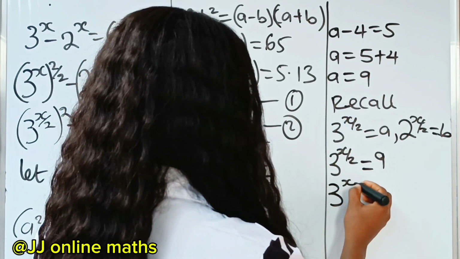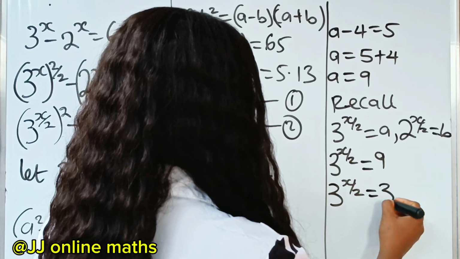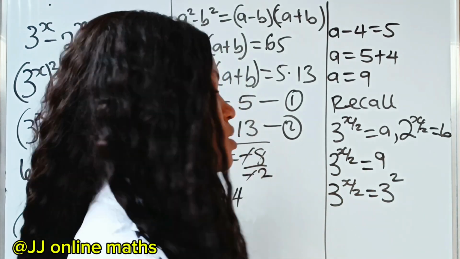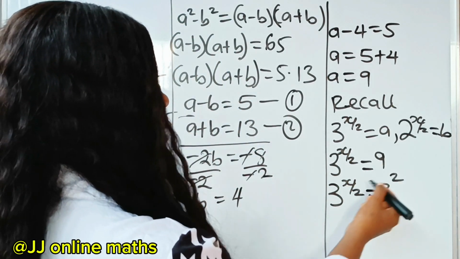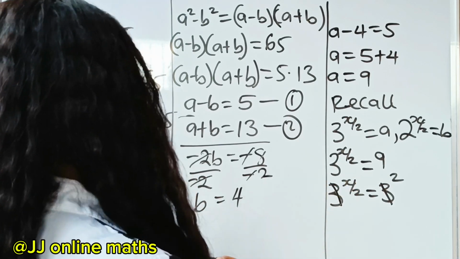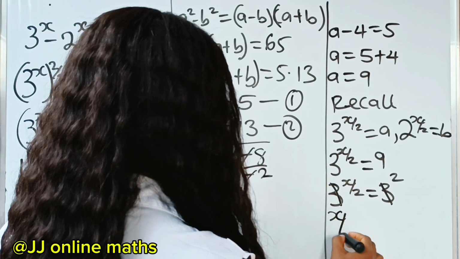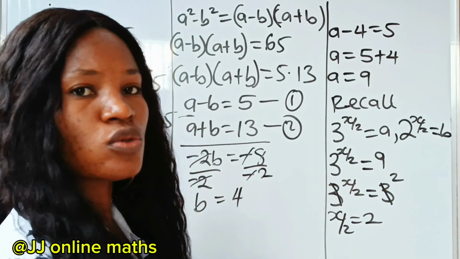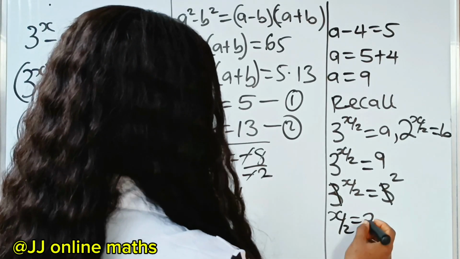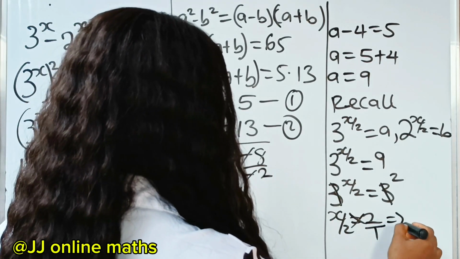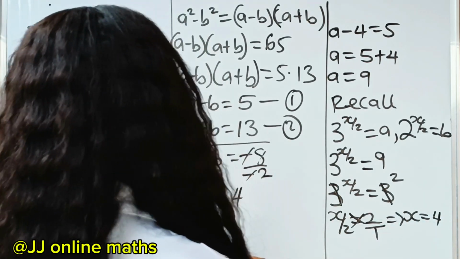Now 9 is 3 to the power of 2. Now that we have the same base, let's equate the powers. So x divided by 2 is equal to 2. We cross multiply, and this implies that x is equal to 4.